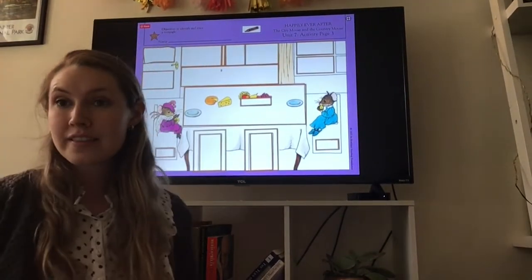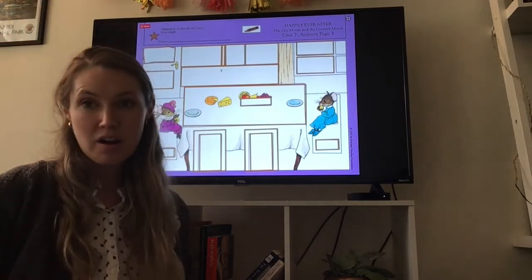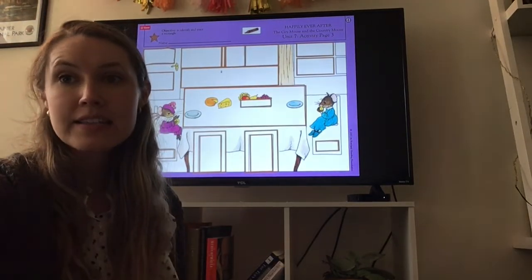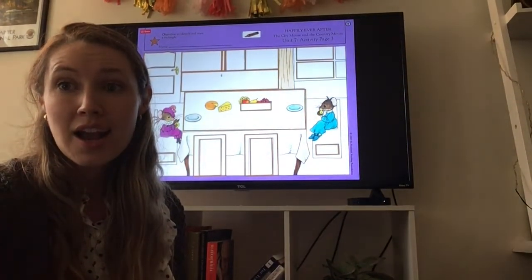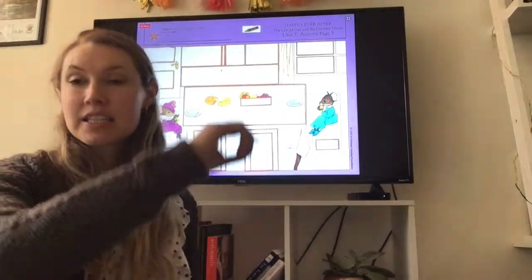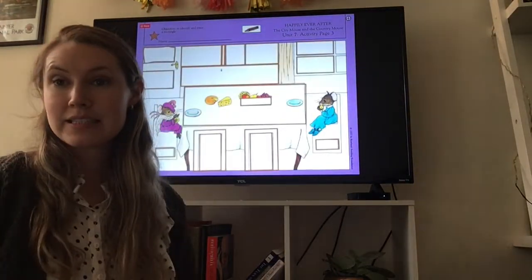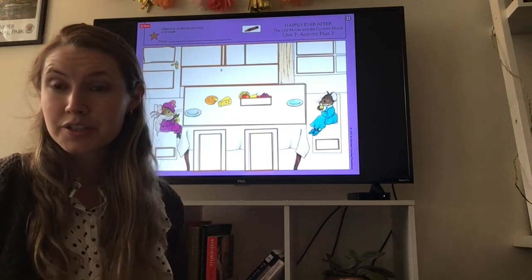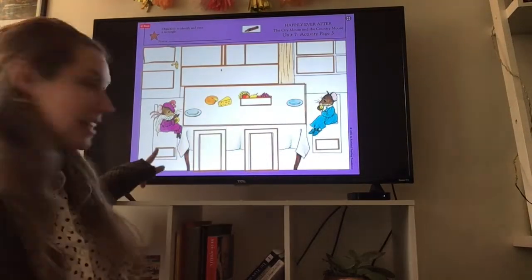So now we're gonna look at these rectangles and use our position words to see where they are. So I see 2 rectangles that are under the mice. They are directly under the mice. Do you see the rectangles under the 2 mice? They are here and here.